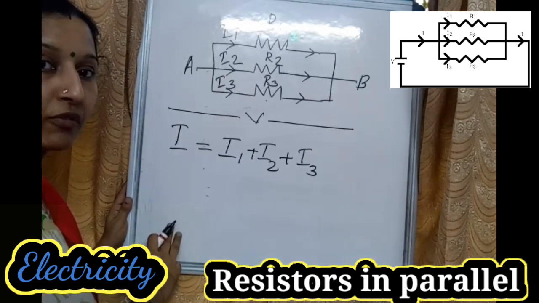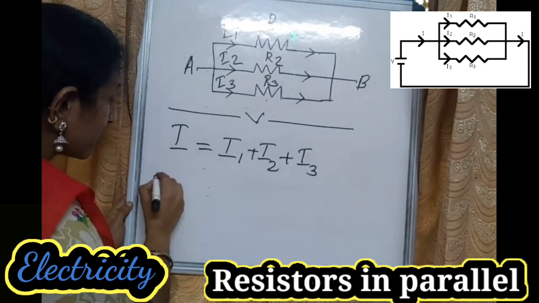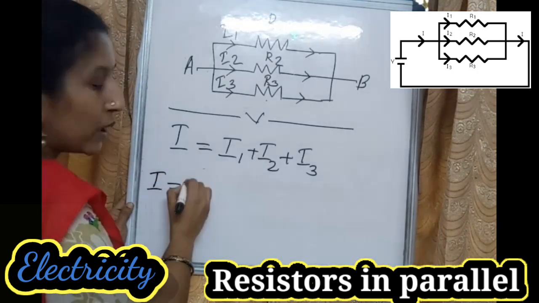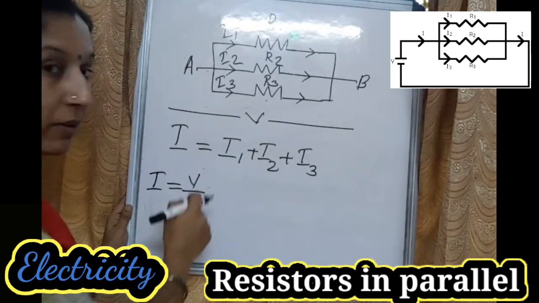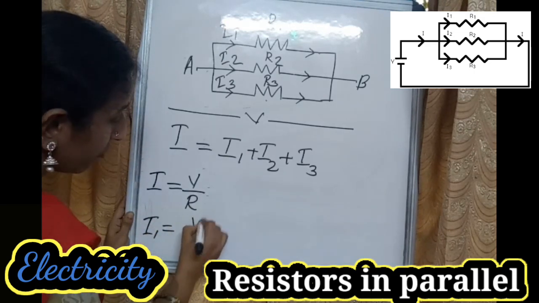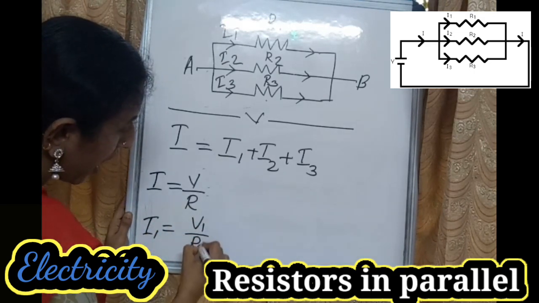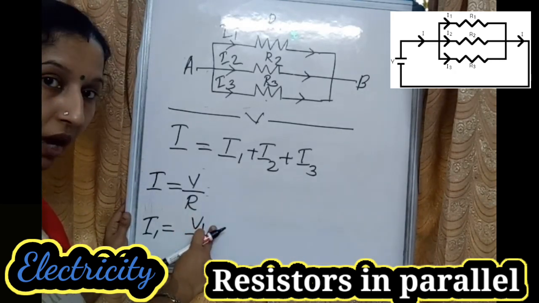Then you have to find the Ohm's law equation for I. What is the Ohm's law equation for I? I equal to V by R. Then what about I1? I1 equal to V1 by R1. Is it correct? Do we have to use V1? No. Why?